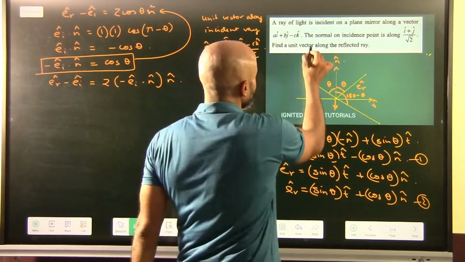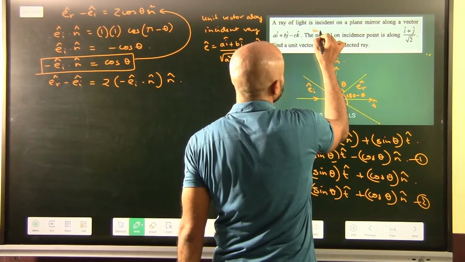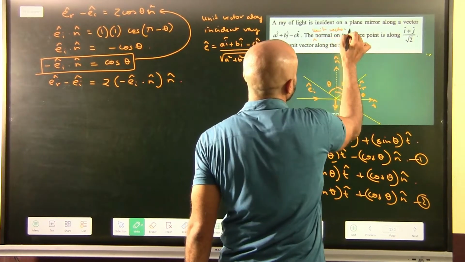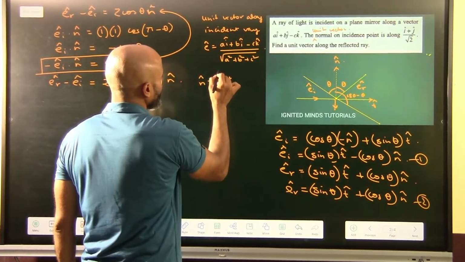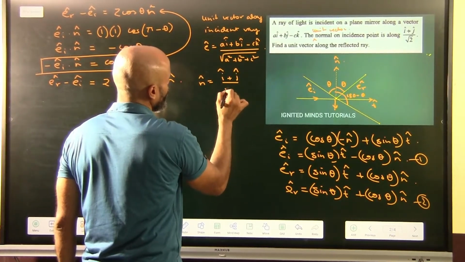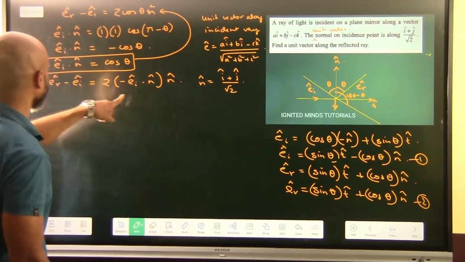And the unit vector along the normal is i cap plus j cap upon under root 2. So now putting the values here.